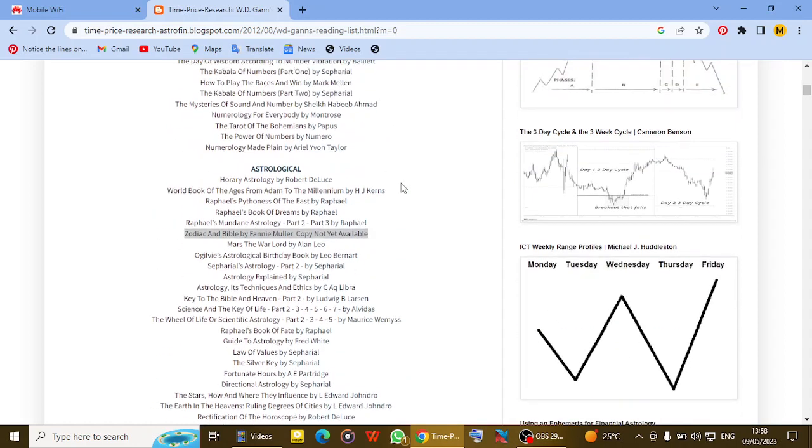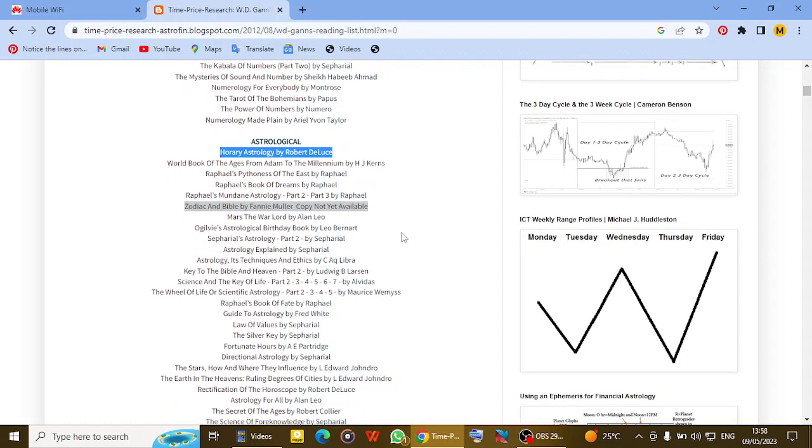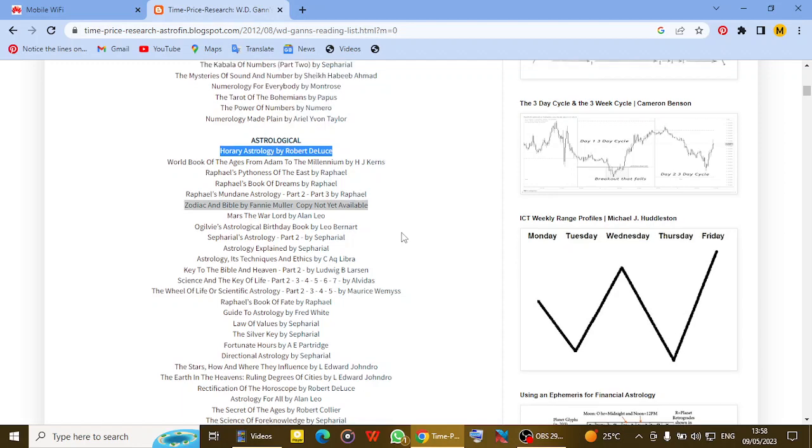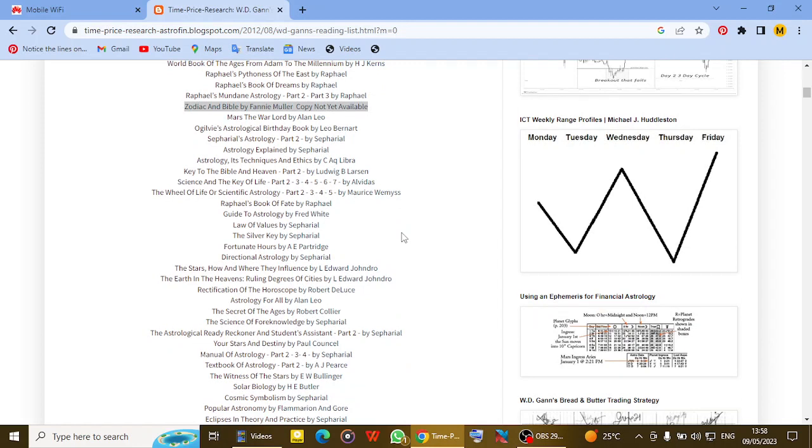So when it comes to human events, you might want to read more about horary astrology. You might read Robert, the first recommended reading book. There are a couple of others. Let's see. The Guide to Astrology by Fred White, The Fortunate Hours.